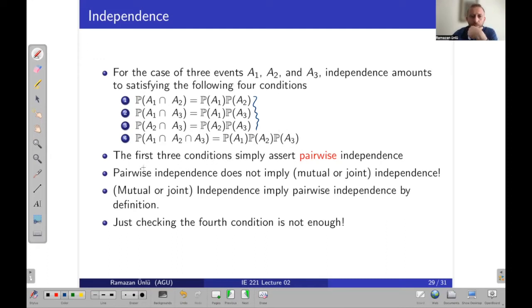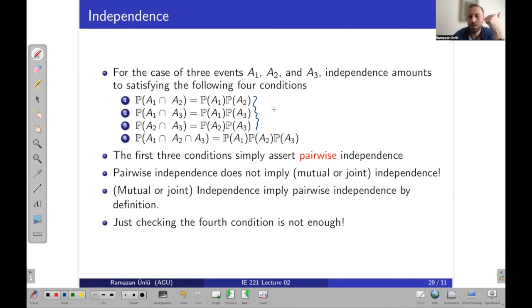And as I said, pairwise independence doesn't imply mutual or joint independence. For example, A1 and A2 can be independent, but that doesn't mean that A1, A2, and A3 are independent.